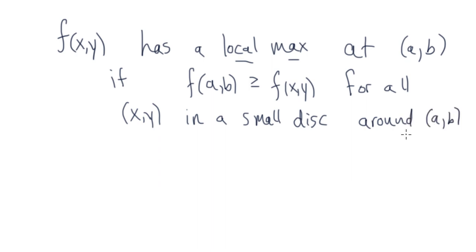So I just mean for points really close to (a, b), the function value at (a, b) is larger than at any of those points. Okay, so let's look at a picture.